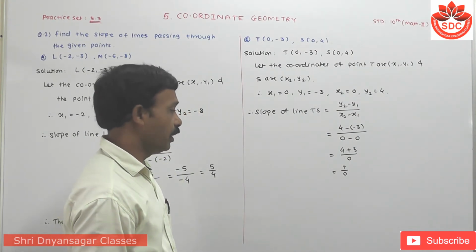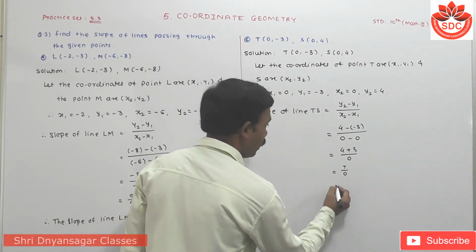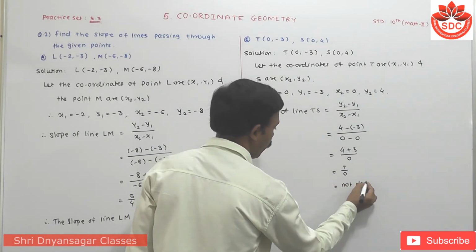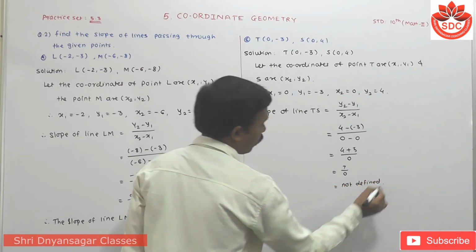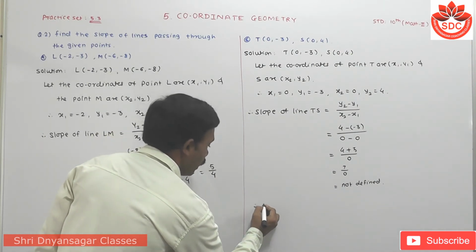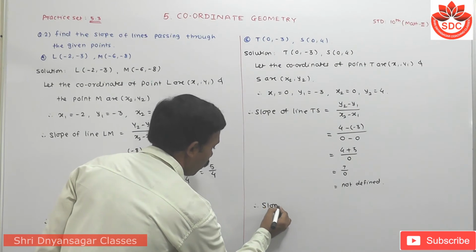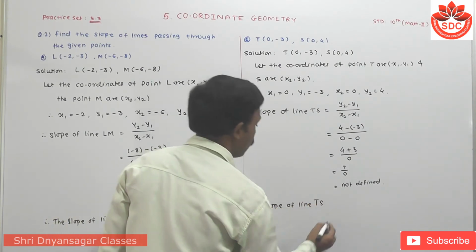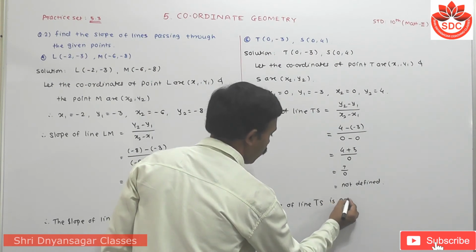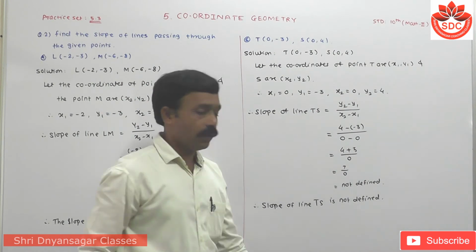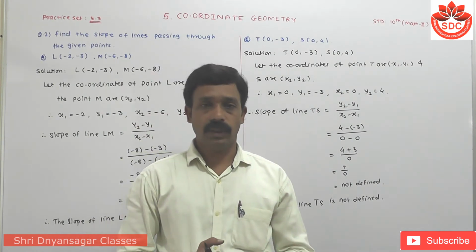Student, we cannot define this value, so the slope of this line is not defined. Therefore, the answer is the slope of line TS is not defined. Okay, we take the next question.